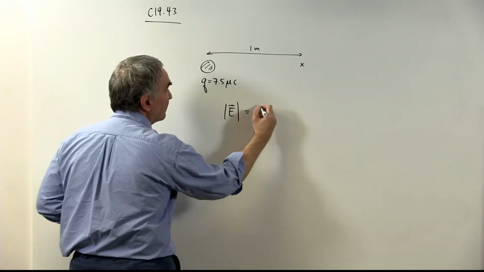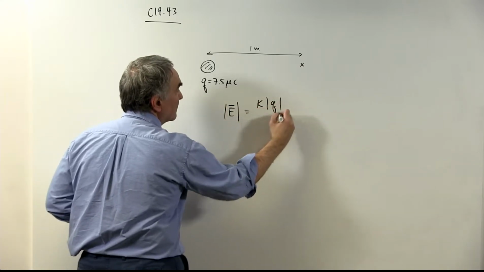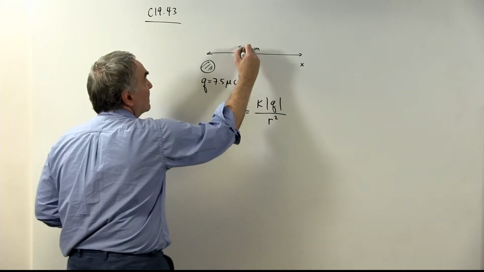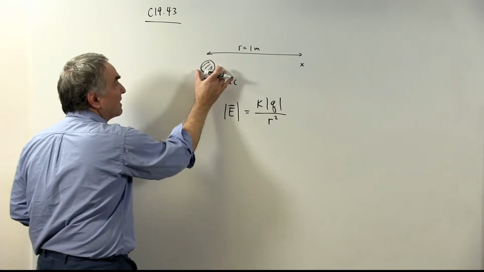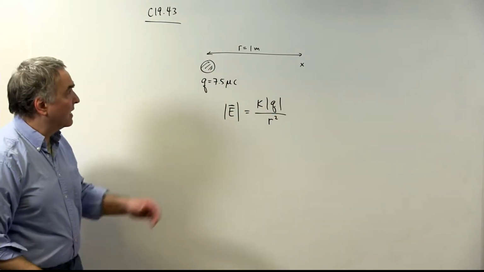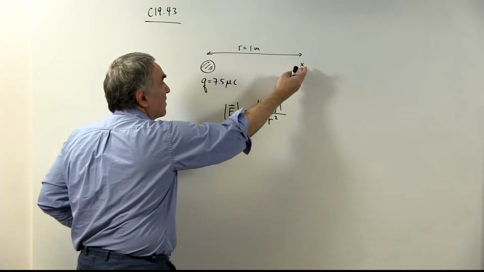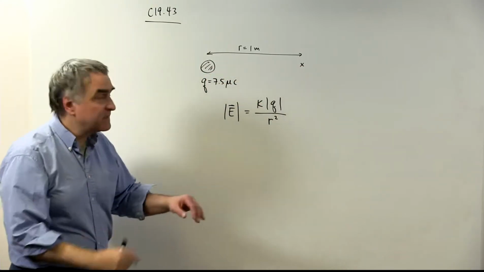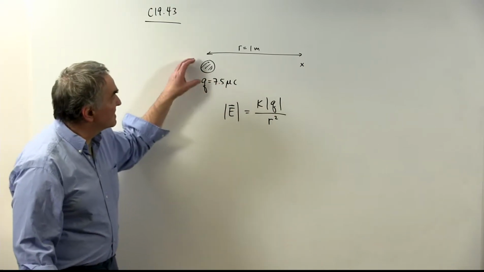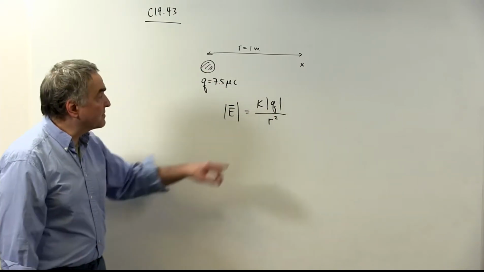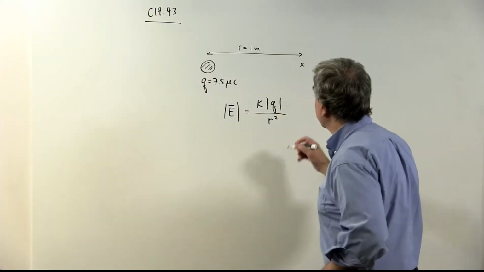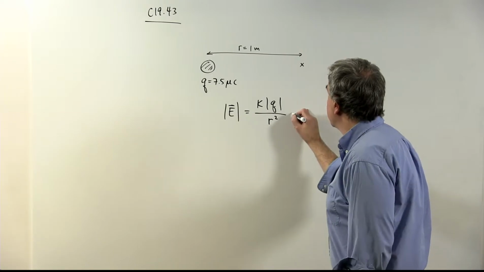And the magnitude of that field is given this way: kQ over r squared, where r is the distance between the charge and the point at which you're calculating the electric field. From the charge to wherever you're calculating the field, that's the distance r that appears in this formula. Q, of course, is the charge that's creating the field in the first place, and k is our Coulomb constant that we've learned earlier. So let's plug the numbers in.